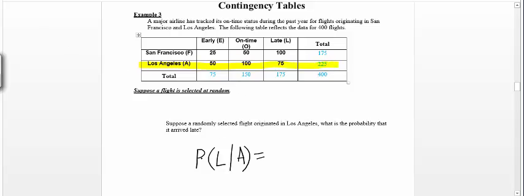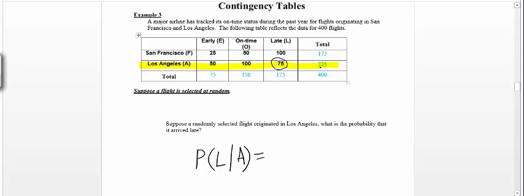Now we're wanting to find the probability of L. Just focusing on the highlighted numbers, L is right here, 75 out of 225. Again, I'm just using the numbers that are highlighted because that's given information that's already occurred. So my answer, 75 out of 225.